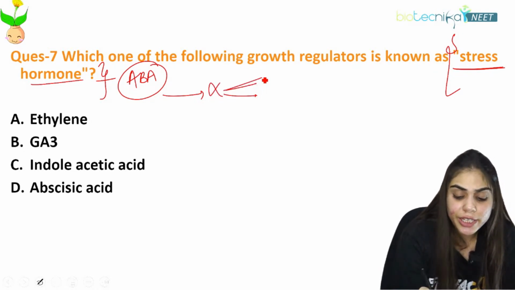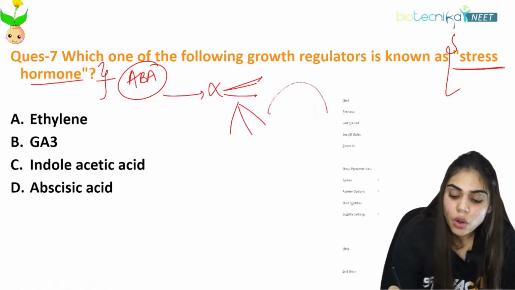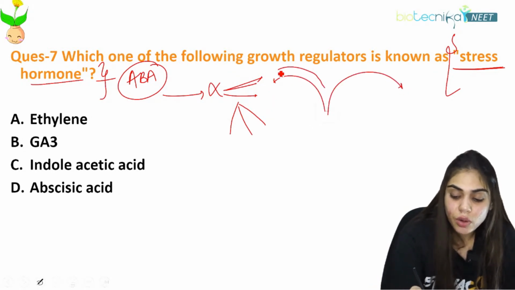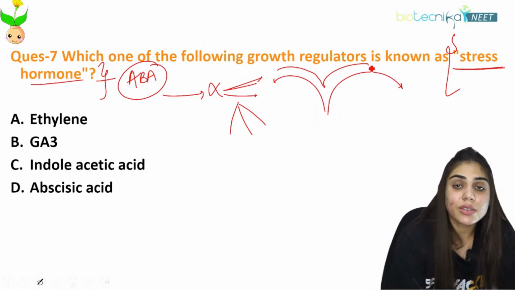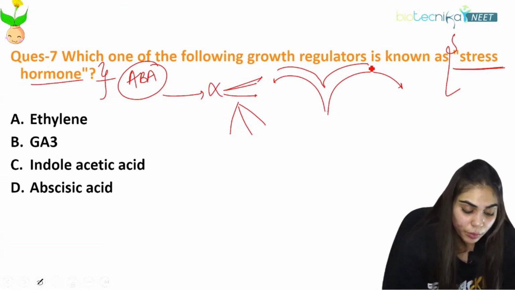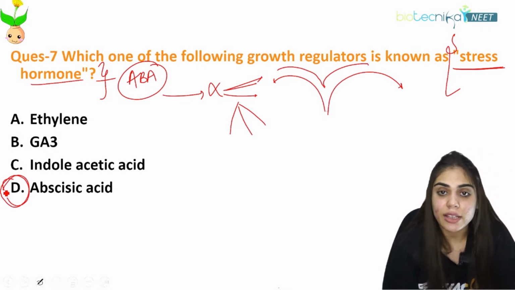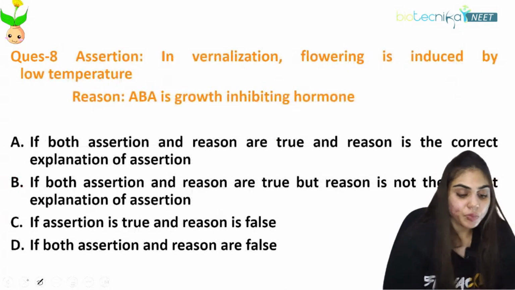It will initiate the dormancy period. It will not cause the formation of root and shoot. It will cause all the leaves of the plant to fall off, all the roots, all the shoots to shed off. This is what is called a stress hormone. So here option D goes right, because abscisic acid is a stress hormone.